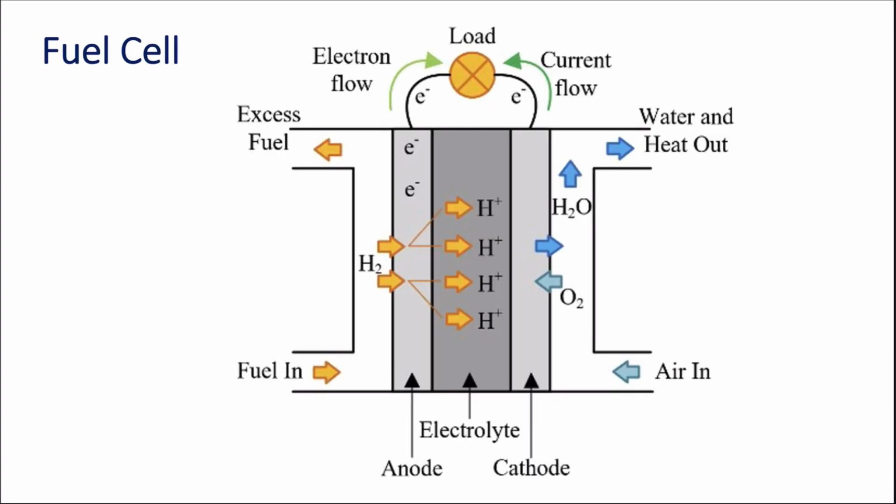So ini contoh fuel cell, macam mana awak boleh nampak daripada fuel dia masuk dekat bahagian sini, dia akan convert kepada water dan juga heat dekat sini, dan excess dia akan keluar dekat bahagian sini. So awak akan nampak proses ini berlaku di antara anode dan cathode, dan kita ada electrolyte H+ kat sini. So this is only the introduction for illustration of battery cell and fuel cell.